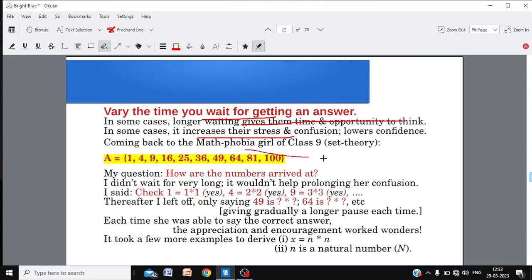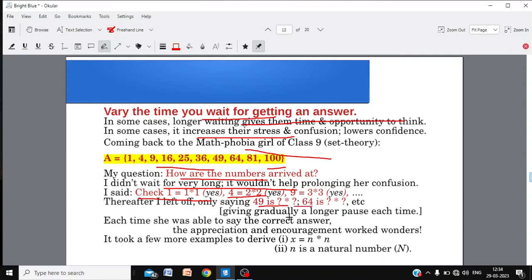Think of the math phobia girl. How are the numbers arrived at? I did not wait for very long. It wouldn't help. So I said, check: 1 equals 1 into 1, 4 equals 2 into 2, 9 equals 3 into 3. And now you get 49 is what? Now don't say, let the child answer. How do you get 64?